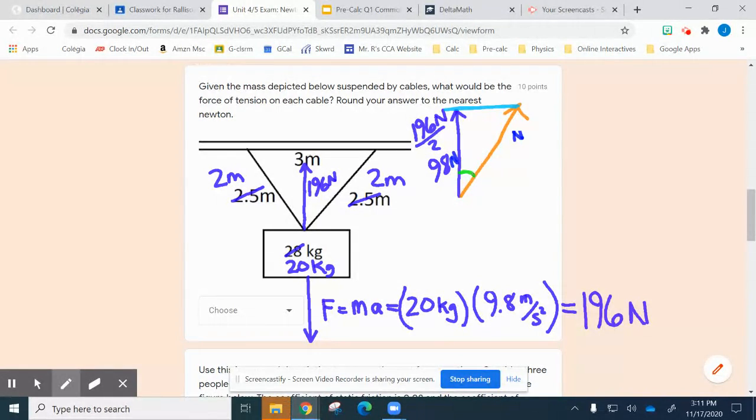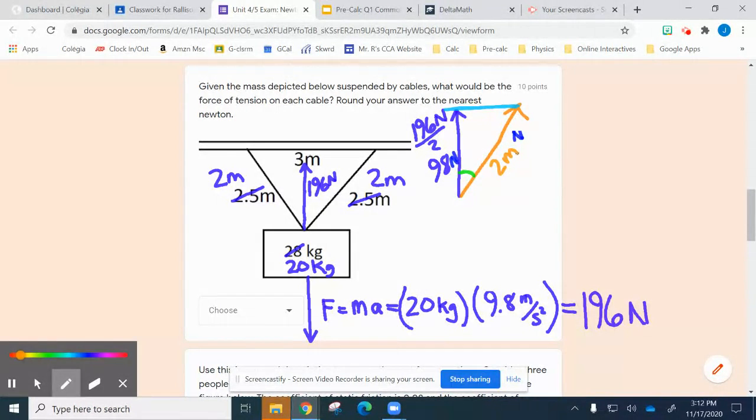So we know 2 parts of this triangle. We don't know how long this 98 newtons piece is, but we know that this piece here is 2 meters long, right?